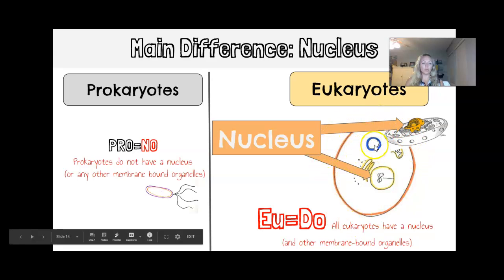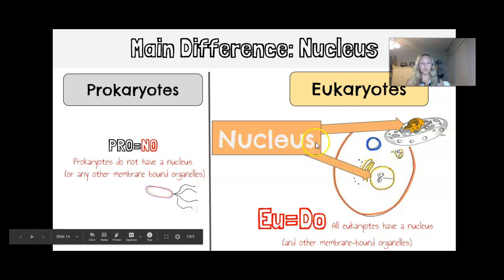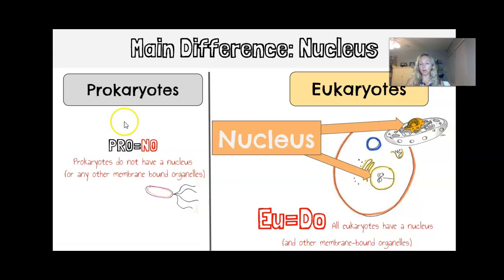But these larger organelles have their own little layer around them that has a membrane as well. So the main organelle is that nucleus with the membrane around it. Eukaryotic cells do have a nucleus. That's a way to help you remember that: you do have a nucleus, and you, as a human, are a eukaryote.